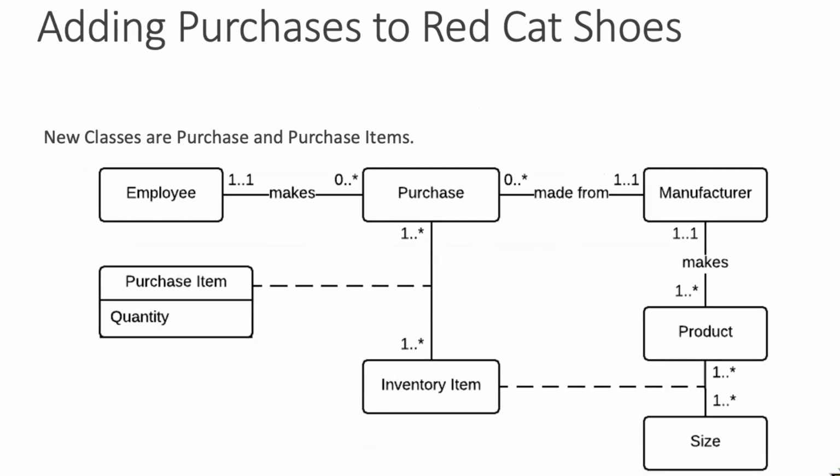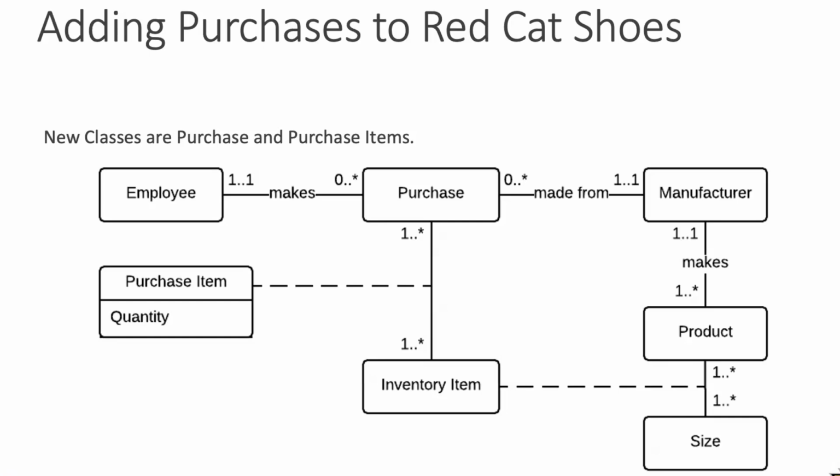Now, let's add the purchase one. We mentioned that items are made by the manufacturer, but the point is we are purchasing those items from the manufacturer. So we have to address that purchase verb, that purchase action, in the graph as well. So right now we can say the employee makes purchases.